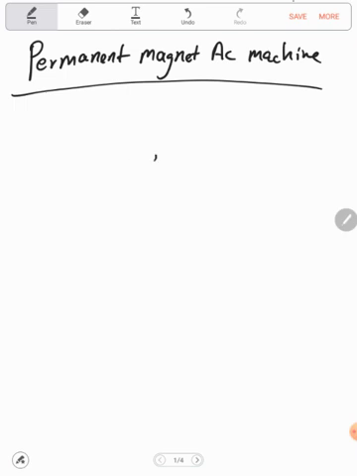The stator is identical to the three-phase induction machine or the three-phase synchronous machine, in which it has three-phase stator winding, identical windings displaced by 120 degrees from each other. So let's assume this is the start and the end terminals of phase A, and here the current is out and here the current is in.